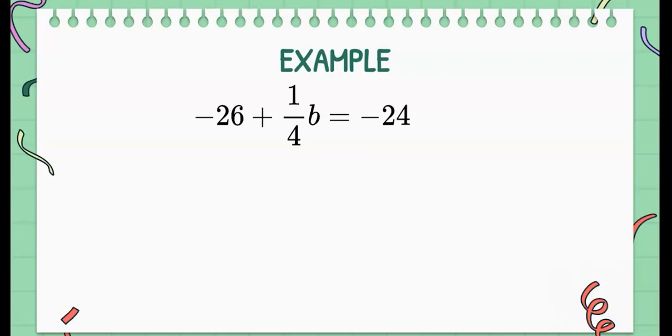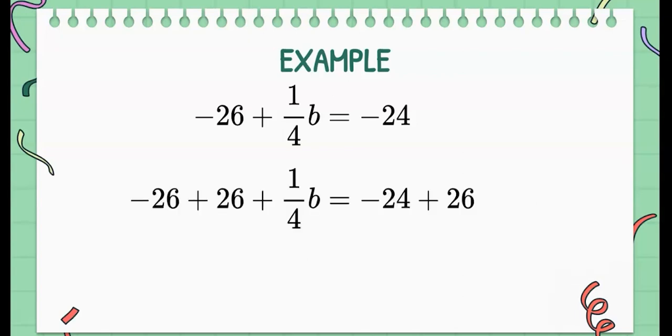Since I have a negative 26, I want to cancel that out by adding to both sides. So I'm going to add 26 on both sides. Negative 26 plus 26 cancels out and leaves us with 1/4 b on the left side. On the right side, negative 24 plus 26 leaves us with a positive 2.